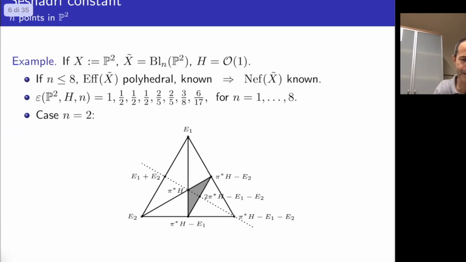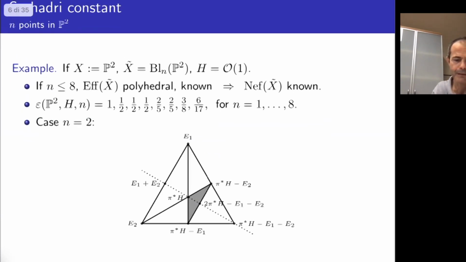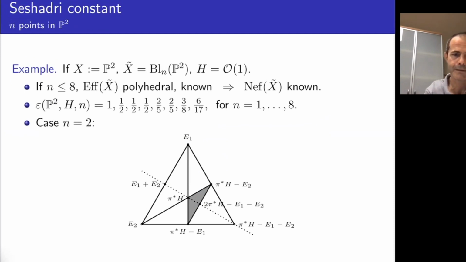In a similar way, we can compute the multiple Seshadri constant when the number of points we blow up is small enough, because if n is at most 8, it is possible to describe the effective cone of the blow up of P2 at n points.